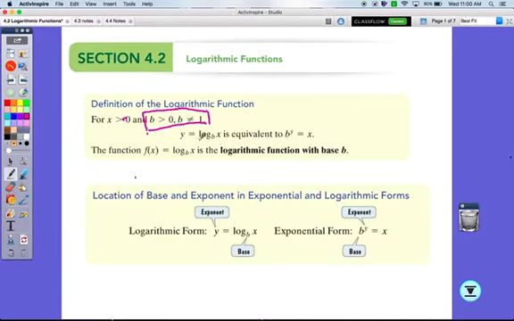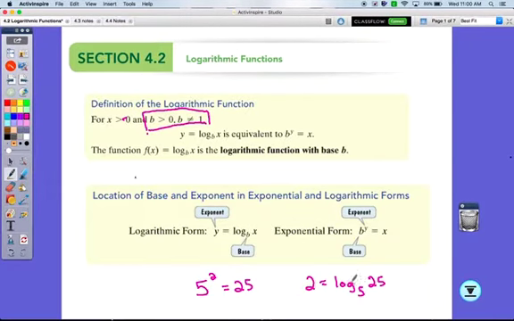It's basically writing the exponential backwards. Down here in exponential form, we have a base to an exponent is equal to a number. And here we have the log with the base of a number, and the answer is our exponent. For example, 5 to the second power is 25 is exponential form. In log form, we have the exponent 2 is equal to log base 5 of 25.